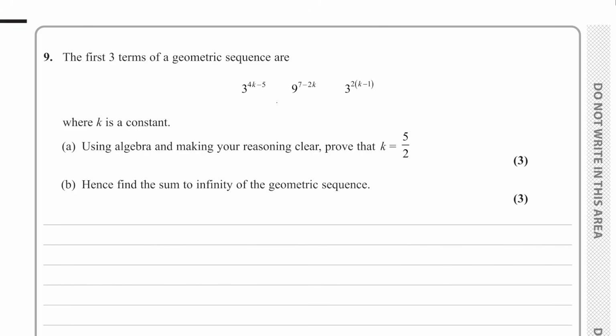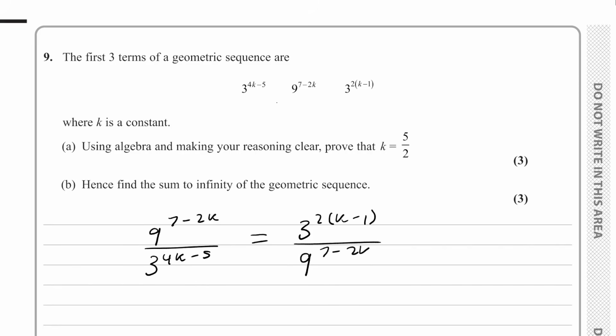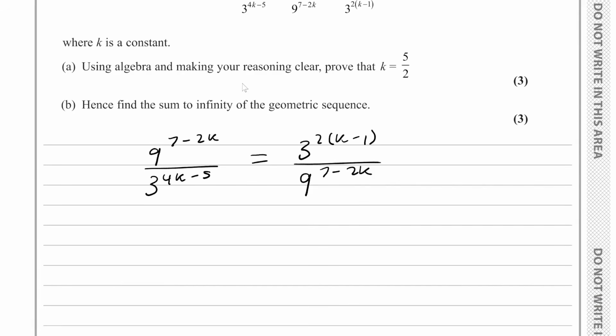So we can say that the second term over the first term is equal to the third term over the second term. And I don't really want this 9. I want it all in powers of 3. That'll make it a lot easier for me.